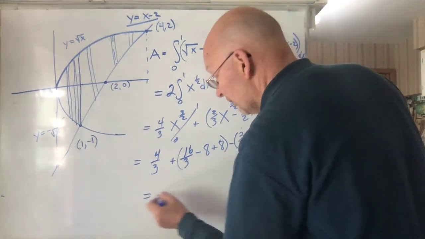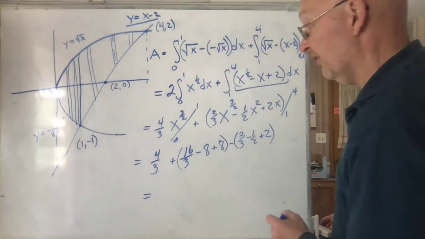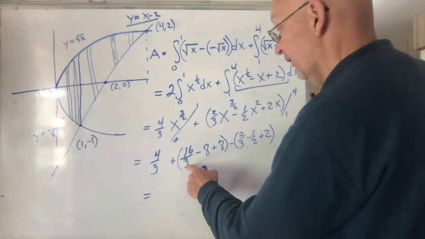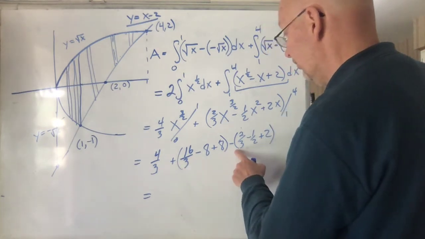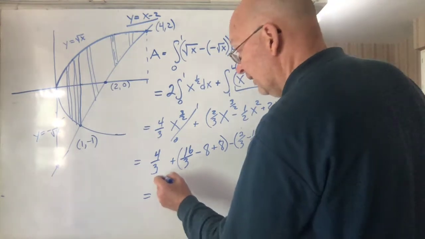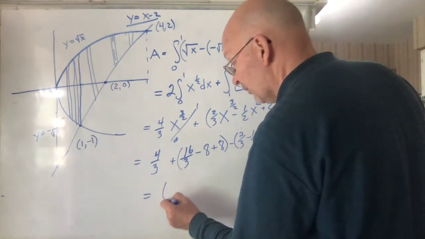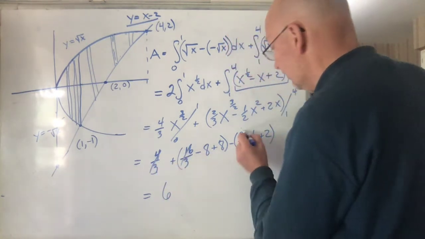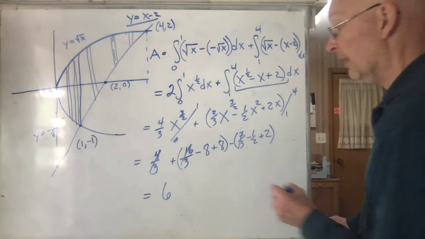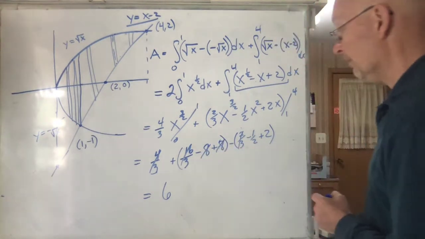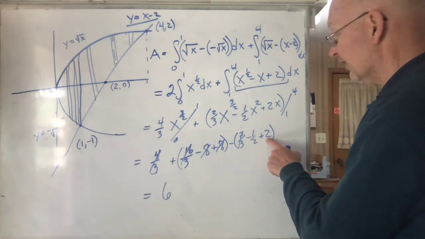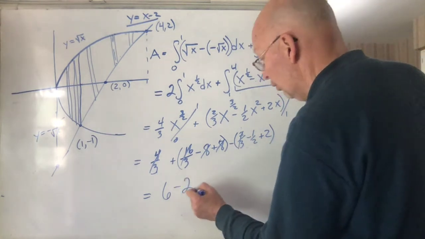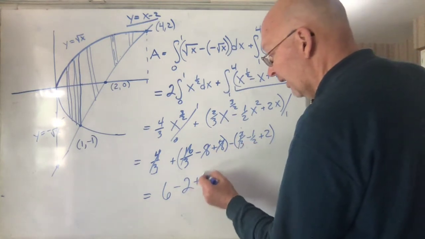What does that all end up giving us? Well, let's see. How many thirds do I have? I have 16/3, 20/3 minus 2/3 is going to be 18/3. 18/3 is the same as 6. So all these things just end up giving me 6. These go away totally. Here I'm subtracting 2, so it's going to be minus 2, and I'm going to be adding 1/2.